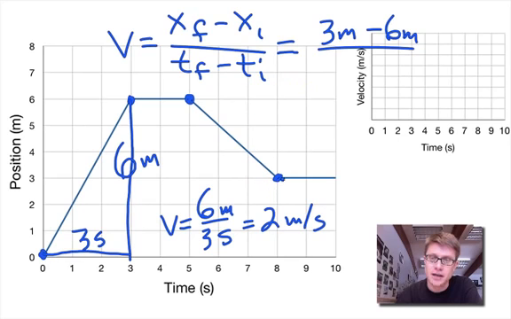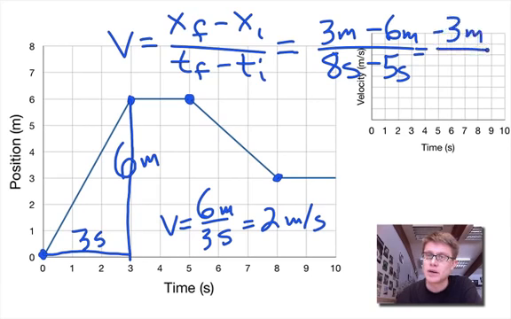The final time is 8 seconds, right here. And the initial time is 5 seconds. And so this should be negative 3 meters divided by, well, 8 minus 5 is 3 seconds. And so during this period of time, the velocity of the man is negative 1 meter per second.